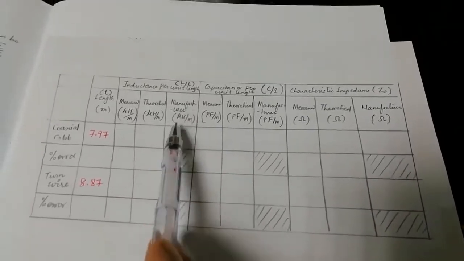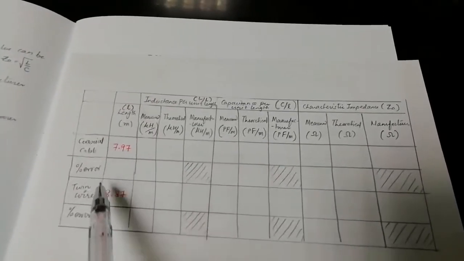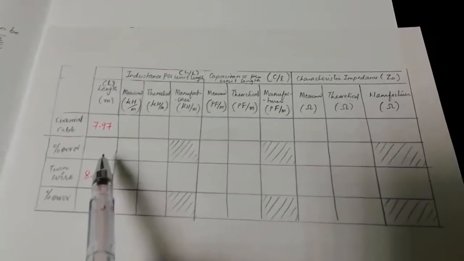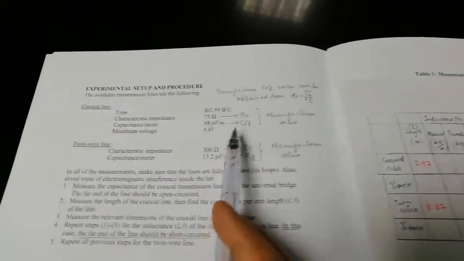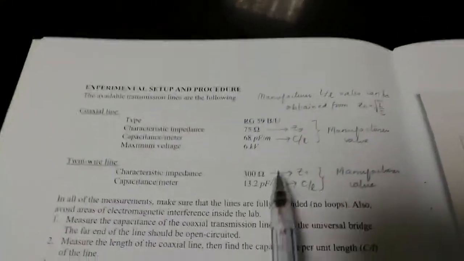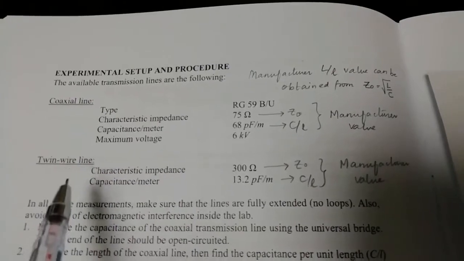Now let's go to the manufacturer values, and in the manufacturer values we are going to use these lengths. This is the manufacturer value. These are the values that we got from the specification sheet of this coaxial cable.